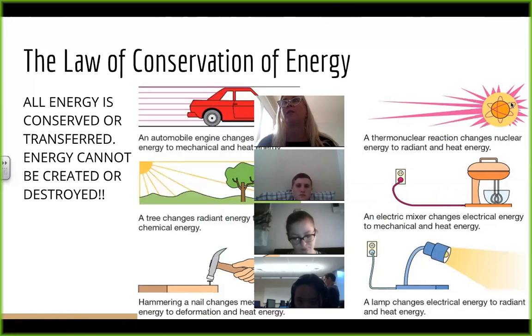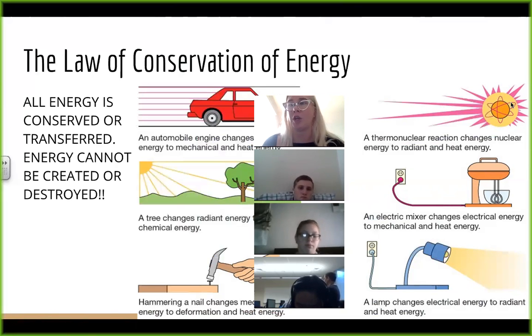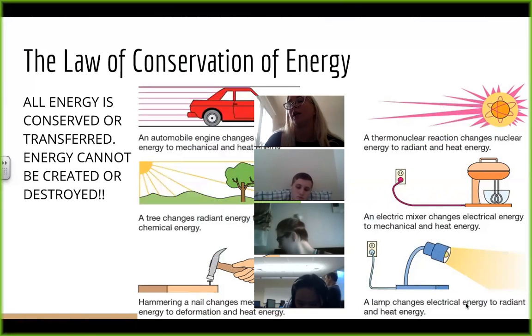That would be like the reactions happening in the sun, right? The sun is having reactions that are producing heat and radiation energy. Electricity, right? You're taking electrical energy and changing it into mechanical, or maybe you're taking electrical and turning it into heat or light or radiation.